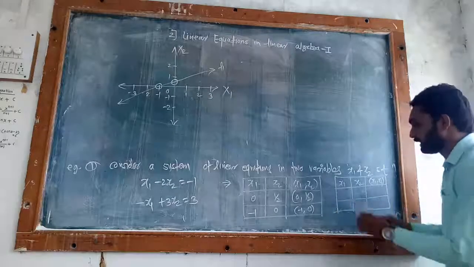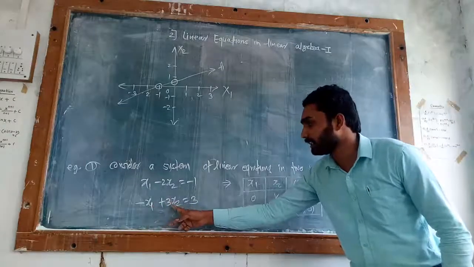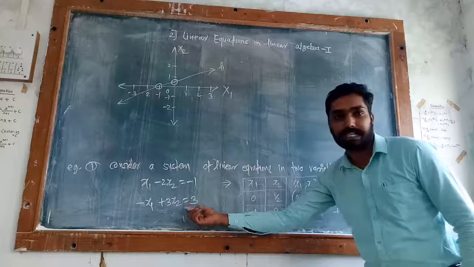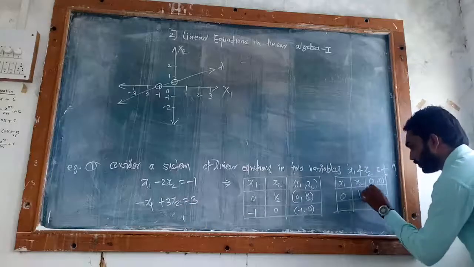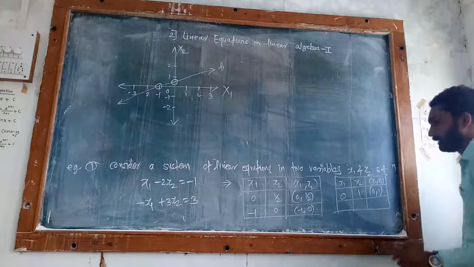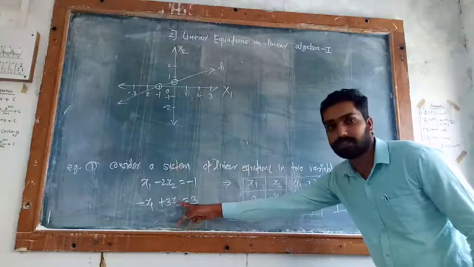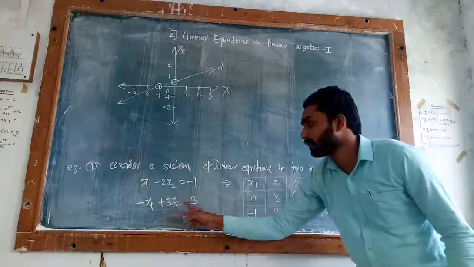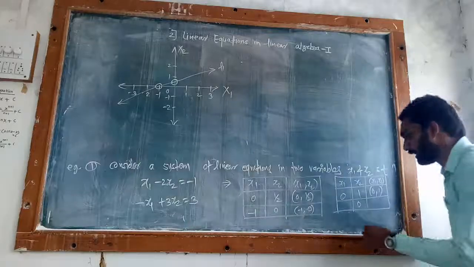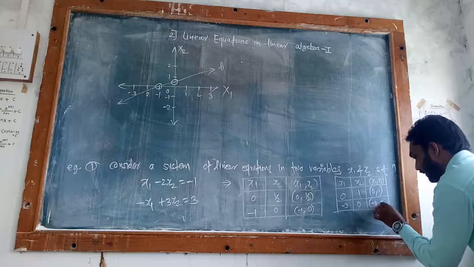If we take the value of x1 as 0, then 3x2 equals 3, the 3s cancel, so x2 equals 1. The point is (0, 1). Second, take the value of x2 as 0. Then we get minus x1 equals 3, therefore x1 equals minus 3. The point is (minus 3, 0).